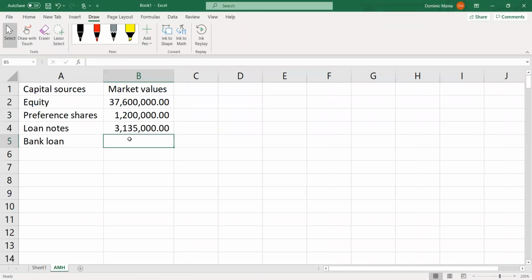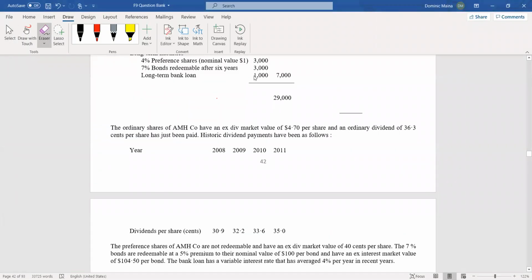The bank loan has no market value, so you simply use the book value. Let me check back to determine what the book value of the bank loan was. It is 1 million, so simply use the 1 million.